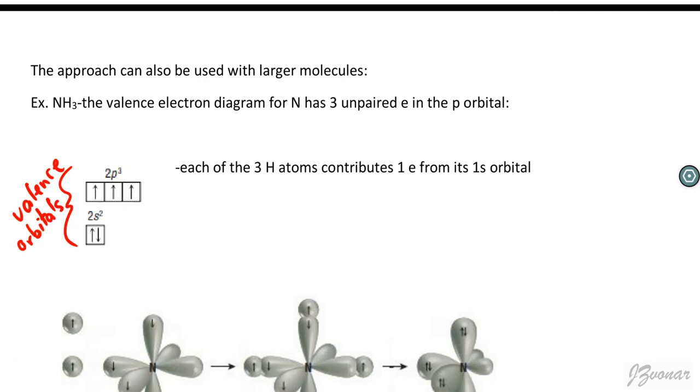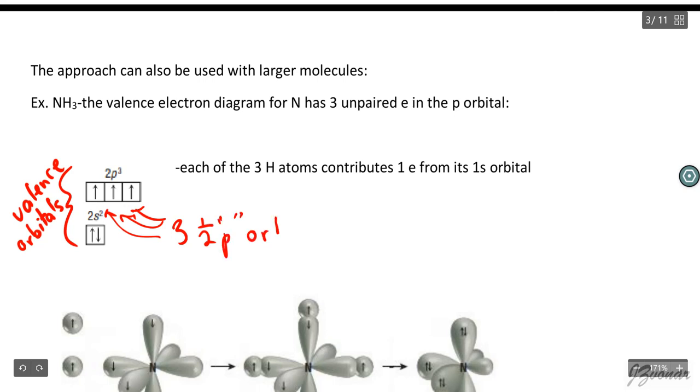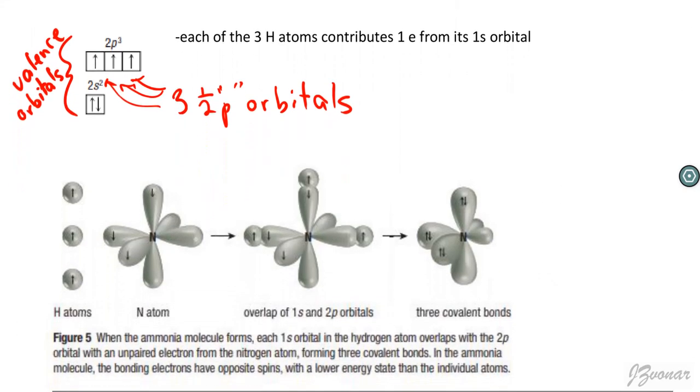So we'll notice here in the valence orbitals, this represents 3 half-filled p orbitals. Okay, and we also have 3 hydrogen atoms with a half-filled s orbital. And so that's what we're going to see in our next picture.